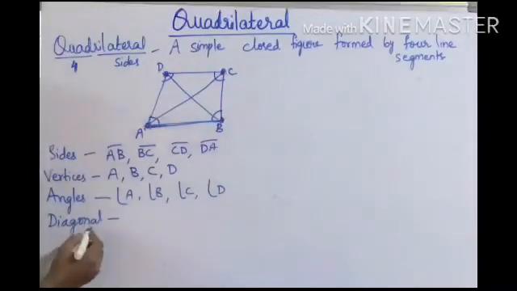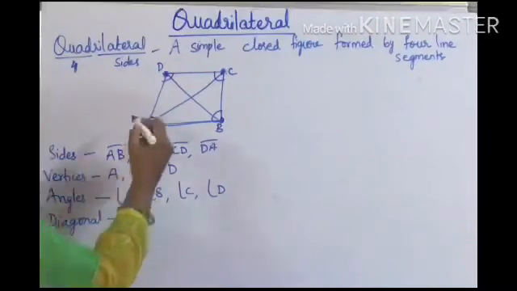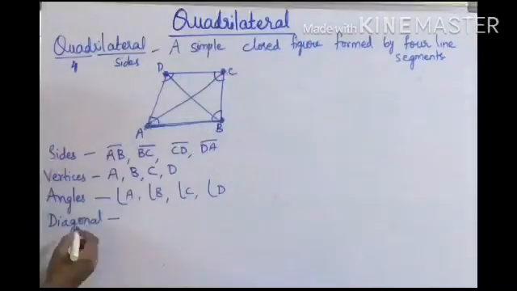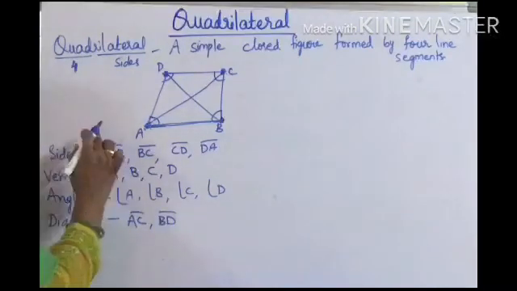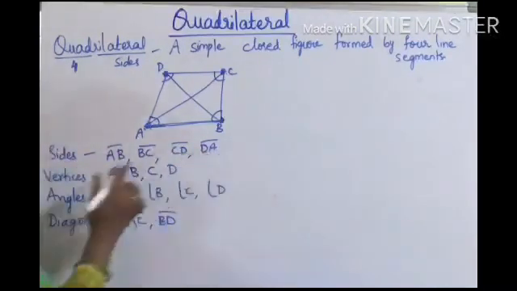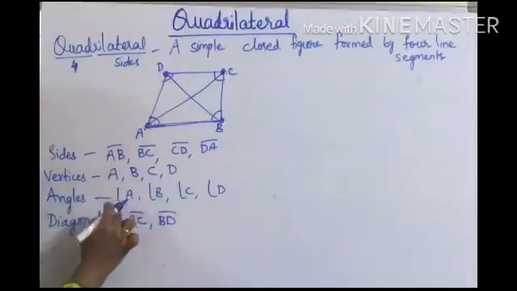So how many diagonals do you get, children? Here two diagonals, AC and BD. So a quadrilateral has four sides, four vertices, four angles and two diagonals, right?